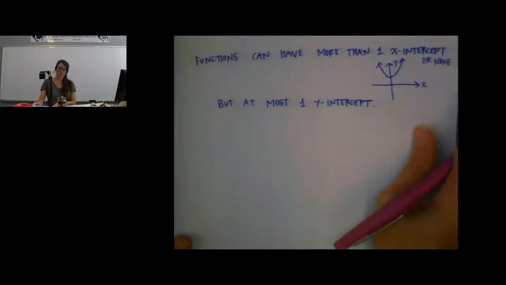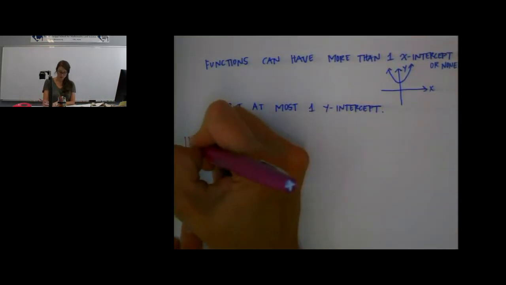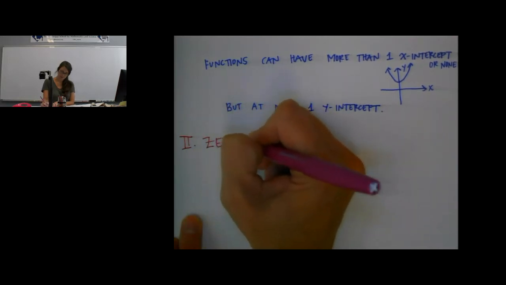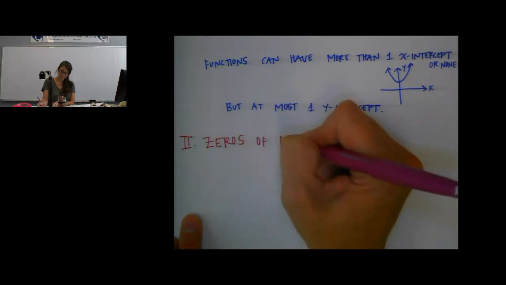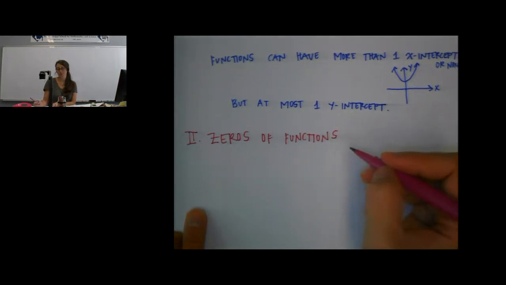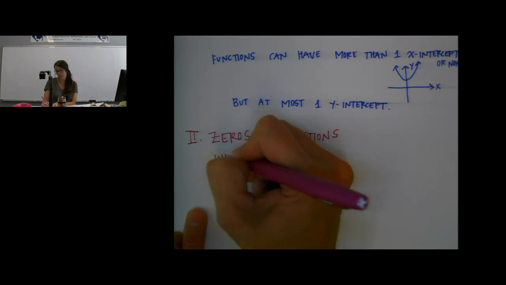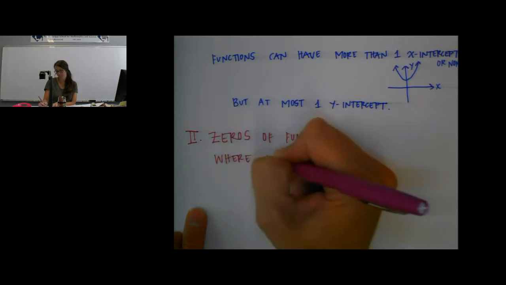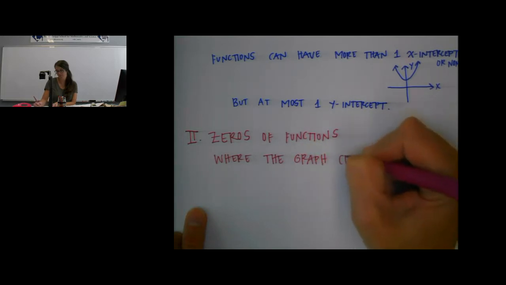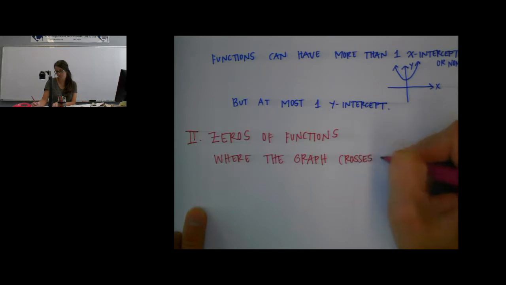Okay. All right. So when you are asked to find zeros, so zeros of functions are where the graph crosses the x-axis.